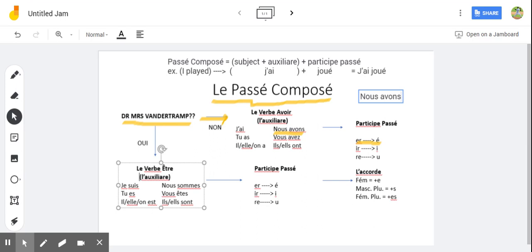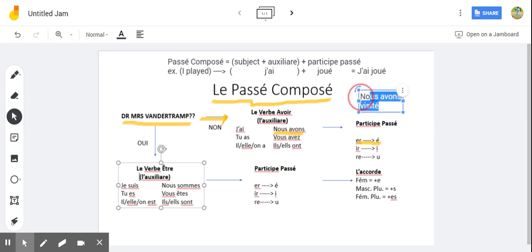And then remember using that past participle, le participe passé. Nous allons visiter. Okay, so that ER, if you look here, instead of ER, we delete the ER and we add an accent aigu. Okay, so this works for lots of verbs.